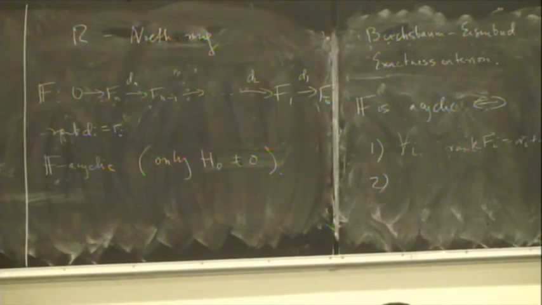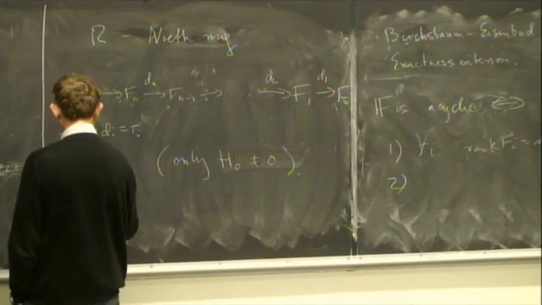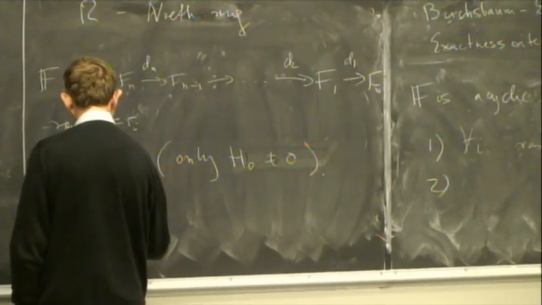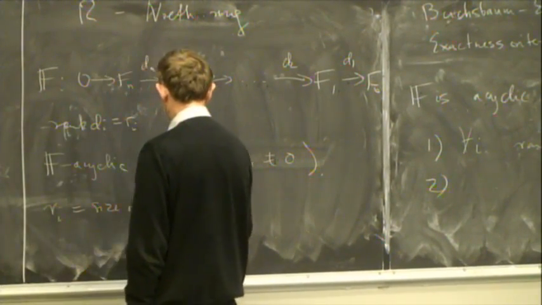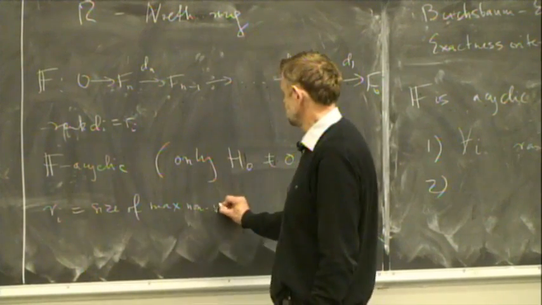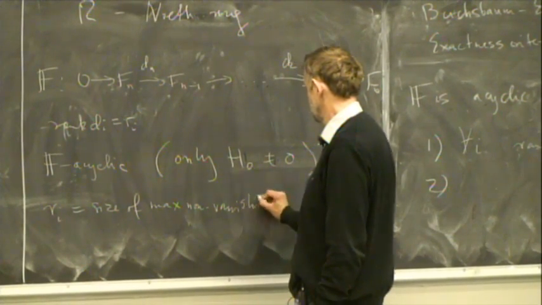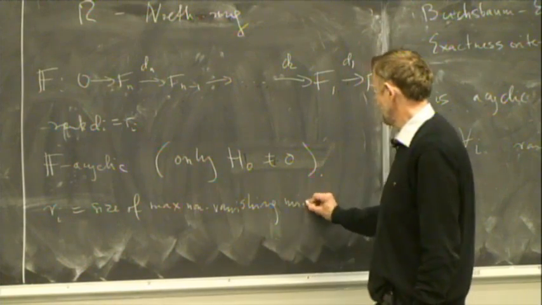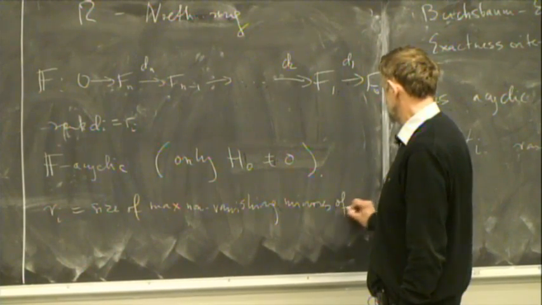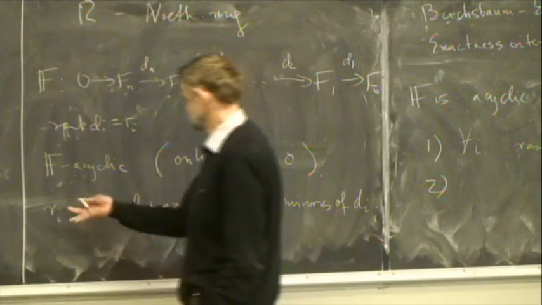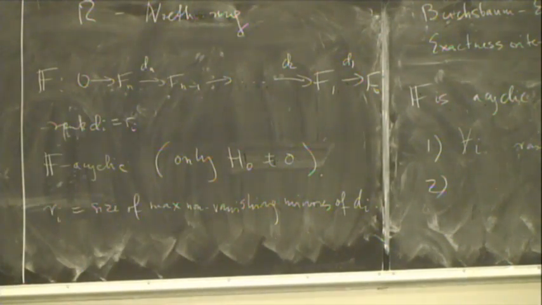So we can look at the minors. The rank r_i is the size of the maximal non-vanishing minors of d_i, treated as a matrix. Of course, it does not depend on the choice of basis.